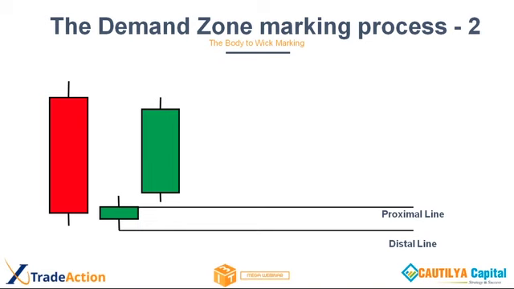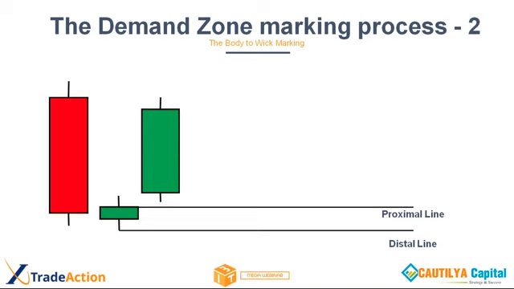If the base candle is a red candle, will the proximal line change? No. Irrespective of whether it is a green candle or a red candle, the proximal line should never change. This is a rule book.